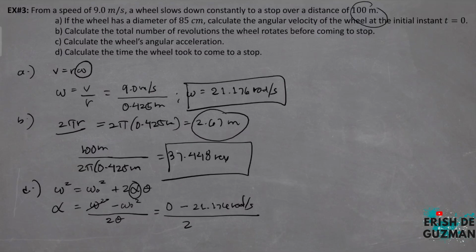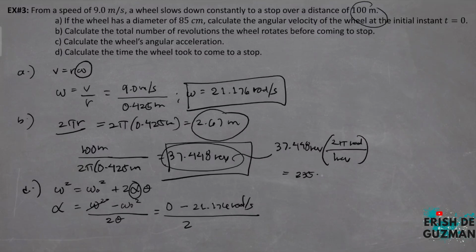Ito yung total na angular displacement natin. Kaya lang, we have to convert it into radians. So, i-convert muna natin. 37.448 revolutions times 1 revolution is equal to 2 pi radians and this is equal to 235.29 radians.